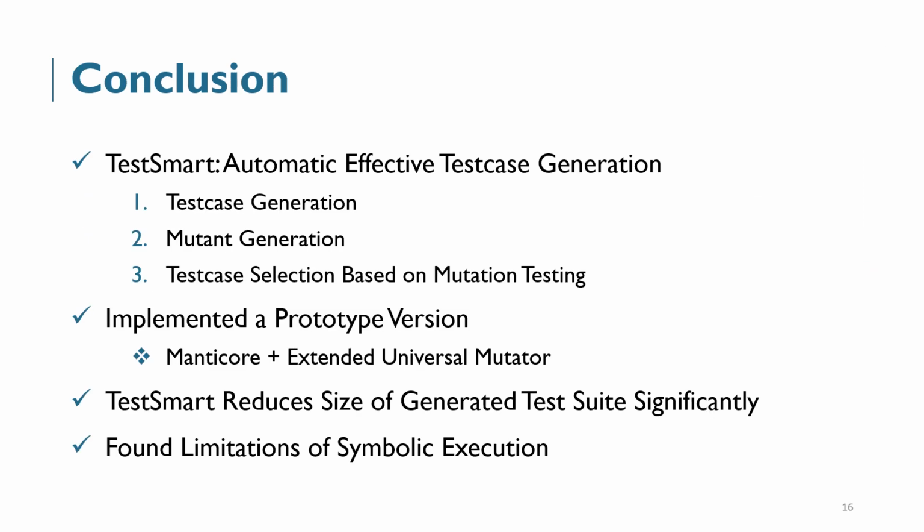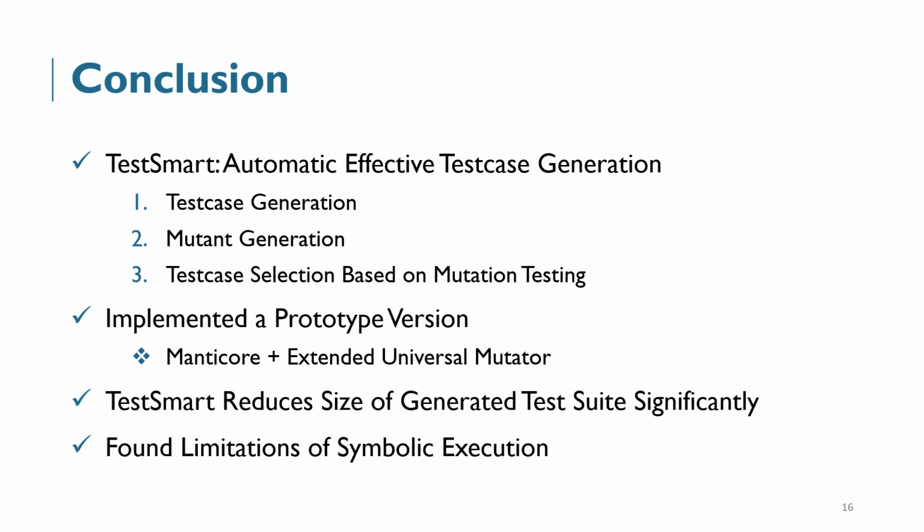Eventually, as a conclusion, we proposed a tool chain named TestSmart that automatically generates a set of effective test cases for Ethereum smart contracts. It consists of a module for test suite generation, a module for mutant generation, and one for test case selection based on mutants. As a prototype version, we used a powerful tool called Manticore for test suite generation.